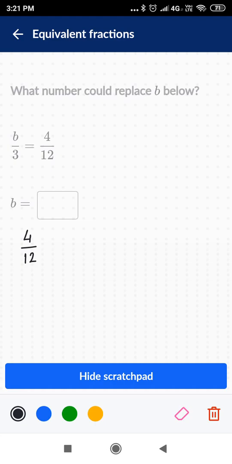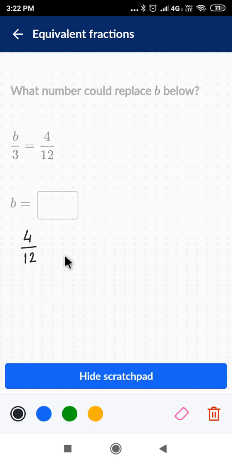How do we get equivalent fractions? We get them by multiplying the numerator and the denominator by the same number, or by dividing the numerator and denominator by the same number.